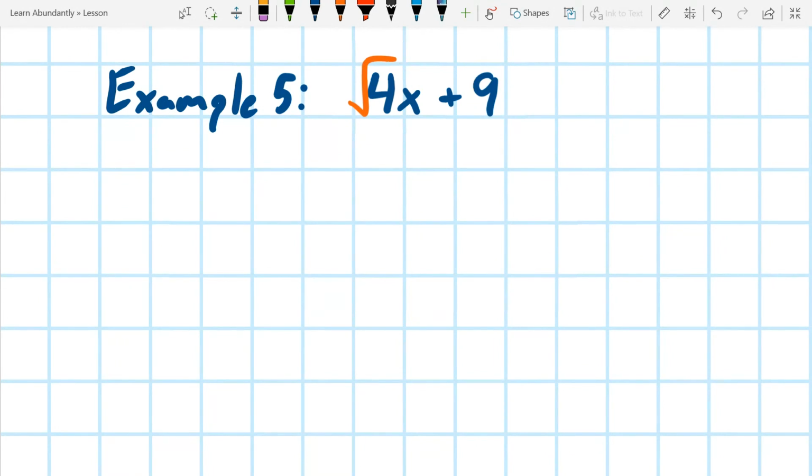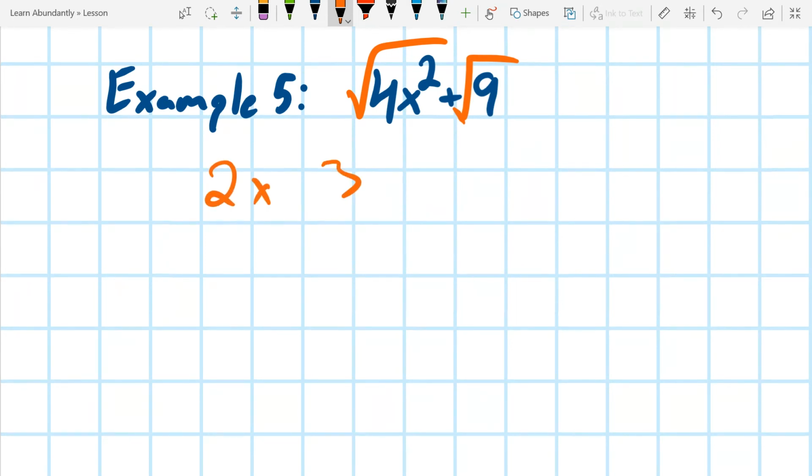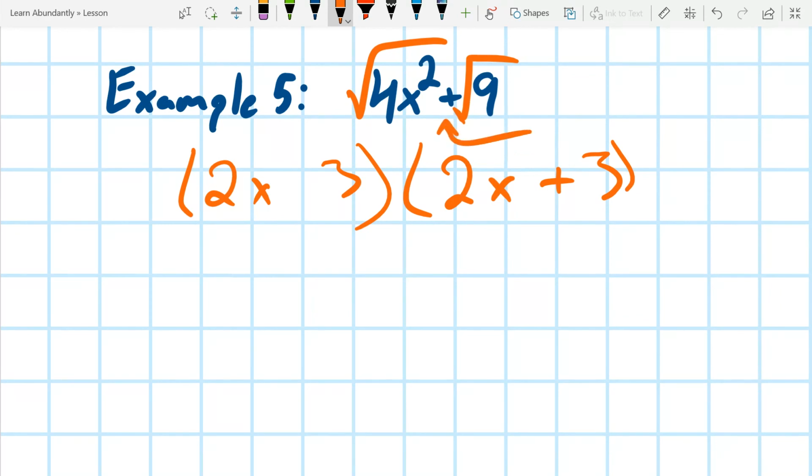So I'm going to give you a little twist on this. Well, it was a dud because the 4x was there, but what if it was a 4x squared? Would that still not work? Let's try. If we square root the first one, square root the second one, that would give us 2x and 3. But the problem I have is that both of them would have to be positive, and that's not going to cancel out.